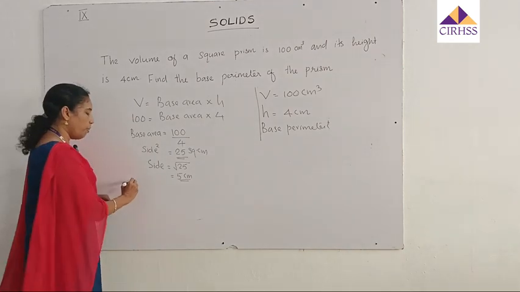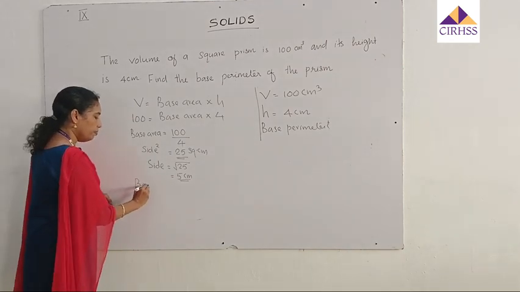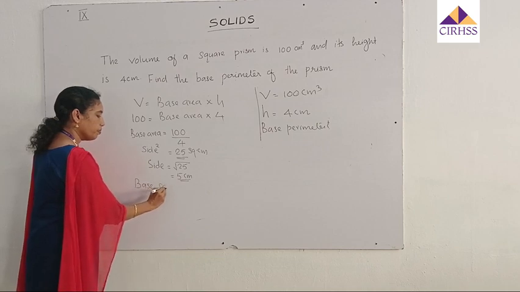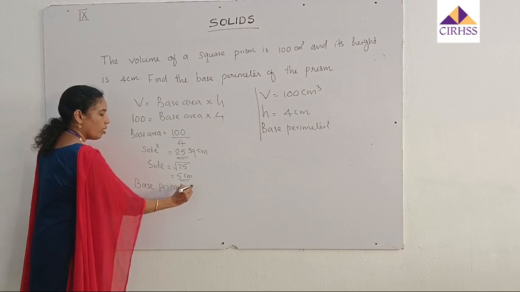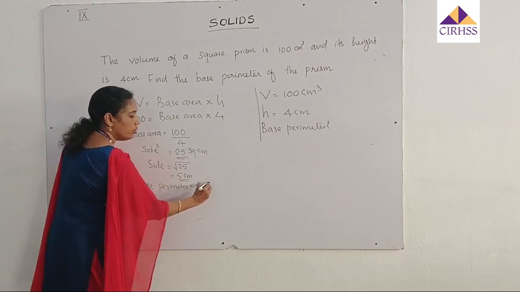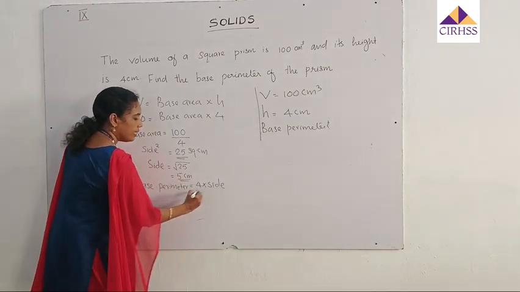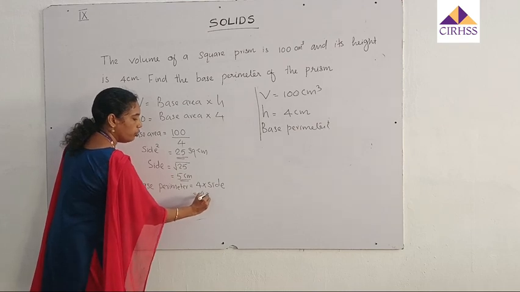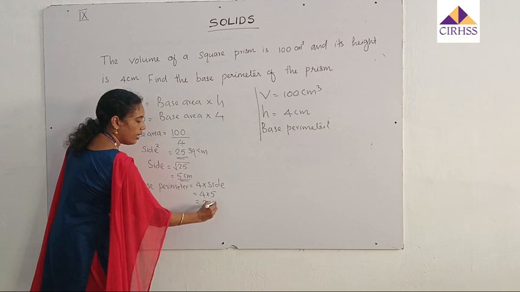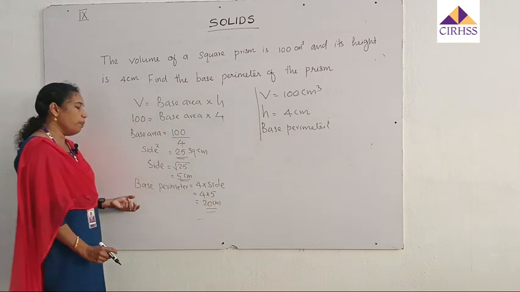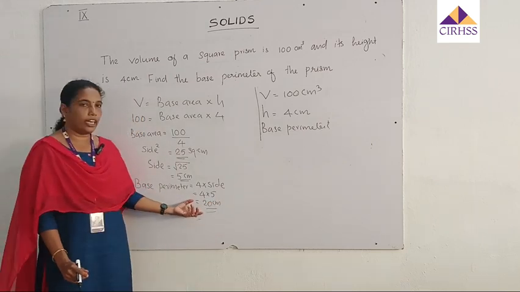That is base perimeter is 4 into side, and side is 5, 4 into 5 equal to 20 centimeter. Therefore base perimeter is 20 centimeter.